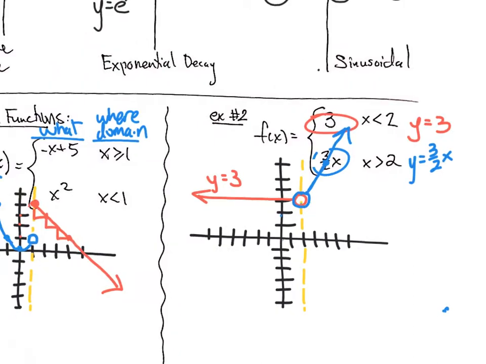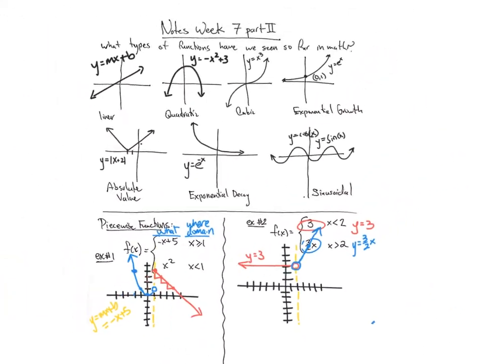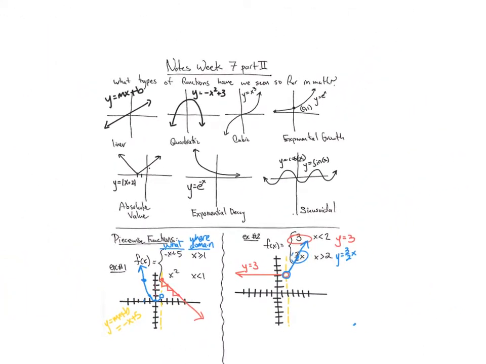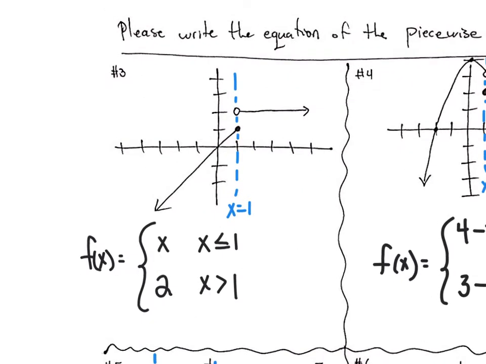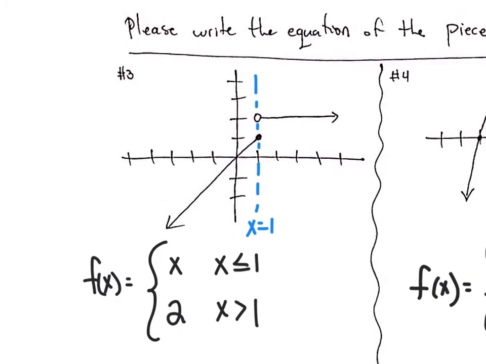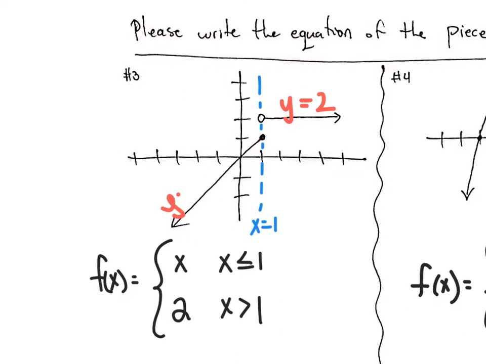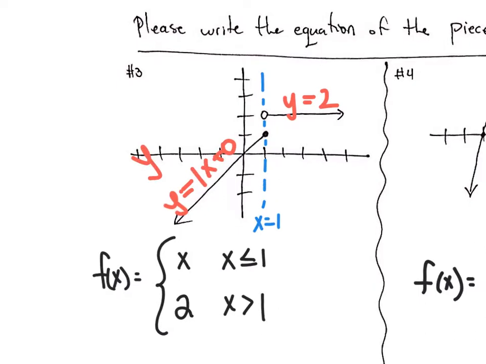Okay, so you definitely have to know how to graph lines and some basic parabolas, but you do know how to do that. On the back here, we're given the graphs, and we are trying to figure out the equation, the piecewise function. So my recommendation for this is that you say, oh, I know that's a horizontal line, so y equals 2, and oh, I know this is a line where using y equals mx plus b, the slope is 1, and the y-intercept is 0, meaning just y equals x.